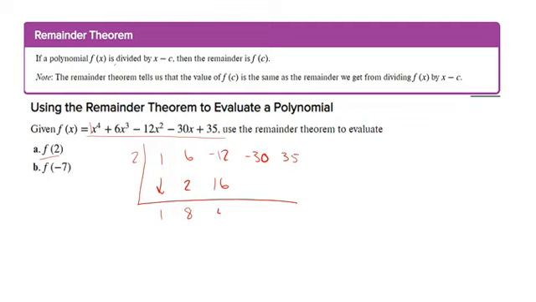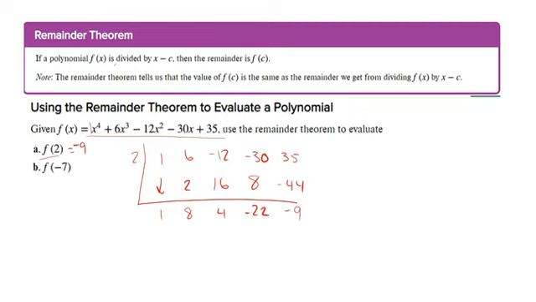Negative 12 plus 16 is 4. 2 times 4 is 8. Negative 30 plus 8 is negative 22. 2 times negative 22 is negative 44. 35 plus negative 44 is negative 9. And so f of 2 is just equal to negative 9.